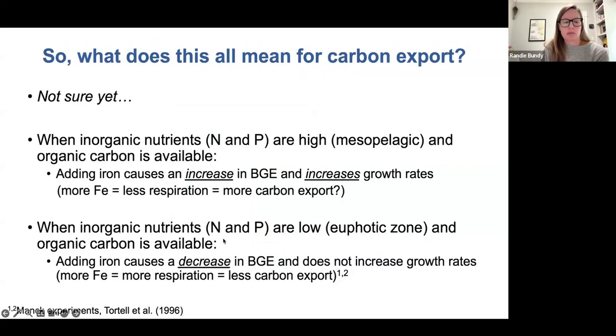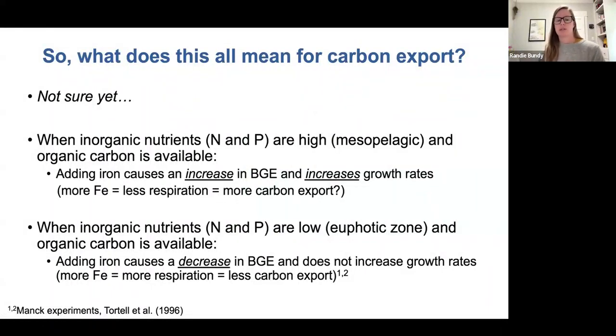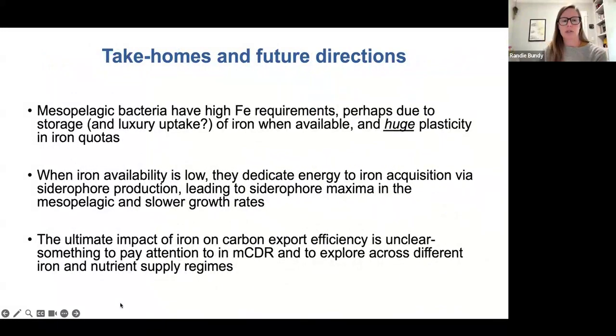So maybe in the euphotic zone, where inorganic nutrients are low and organic carbon is available, adding iron has so far been observed to cause a decrease in bacterial growth efficiency. So that's more respiration and less carbon export. I think there's probably a lot of interesting interactions to look at and lots of future directions.